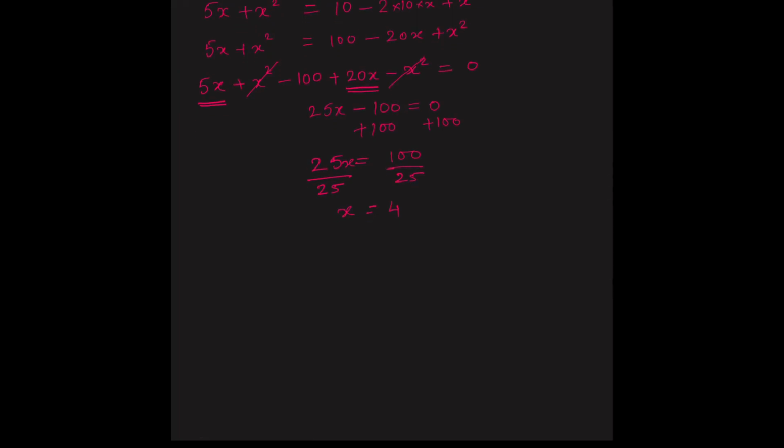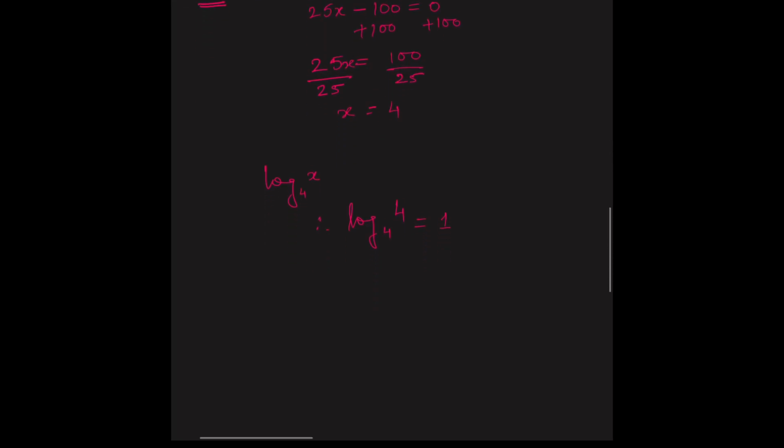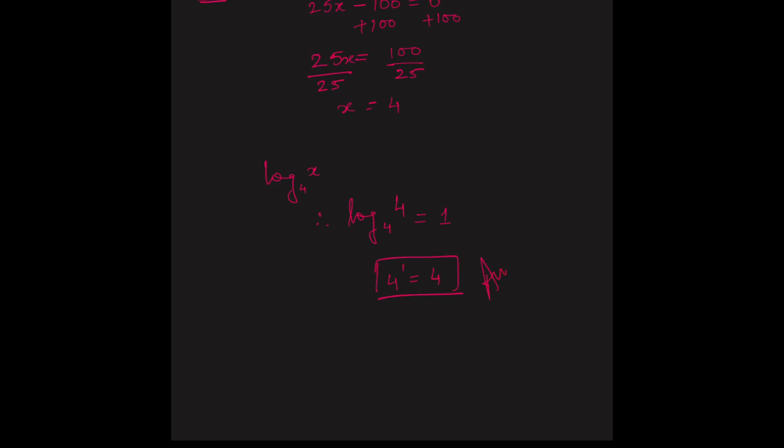The question was to find log base 4 of x, and x is equal to 4. Therefore log 4 to base 4 is equal to 1. I hope it makes sense, or you can convert it into exponents again: 4 to the power 1 is 4. Anyways, that's the answer. Cool, have a good day.